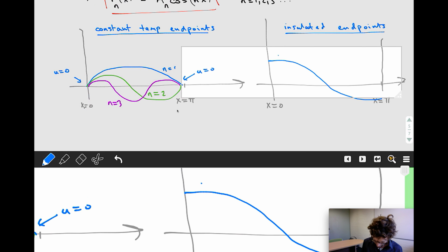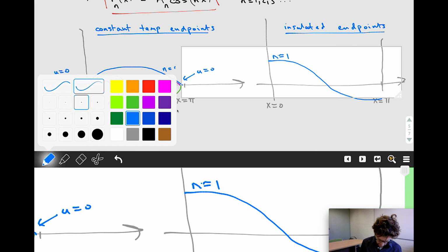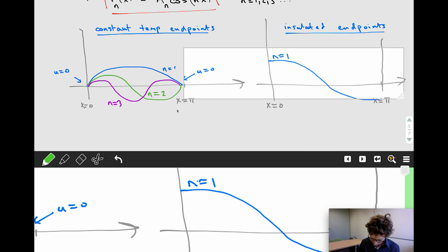And so it's got constant slope, or zero slope, at the boundaries. N is equal to 2 would look something like that.